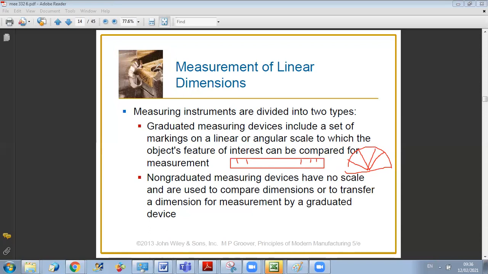What do we mean by this? We will see a lot of devices that are not graduated. Let's say you have a tool like this. Let us see the figure, it's better. You can see it down.